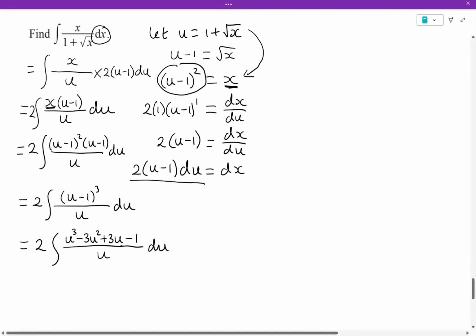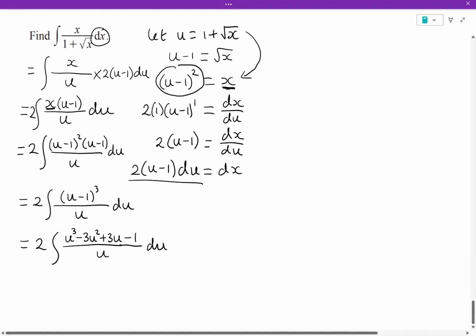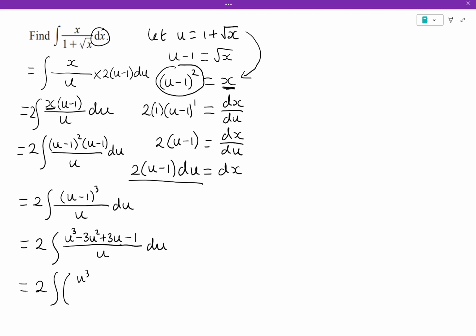Now I'm in position to split this fraction up, and it's going to be 4 separate fractions because in the numerator we have 1, 2, 3, 4 separate terms. So to have 2, don't forget the 2, and then my 4 separate fractions would be u cubed over u, take away 3u squared over u, plus 3u over u, subtract 1 over u with respect to u.